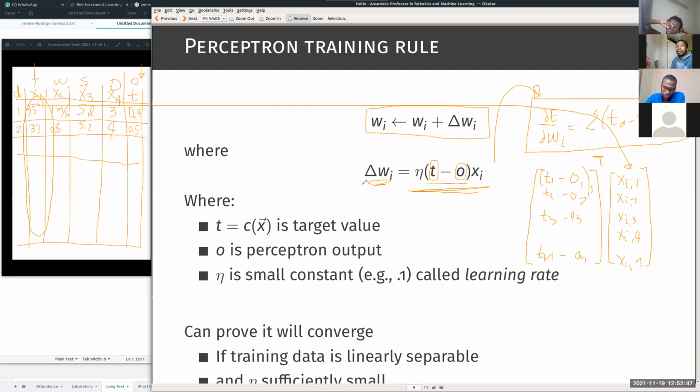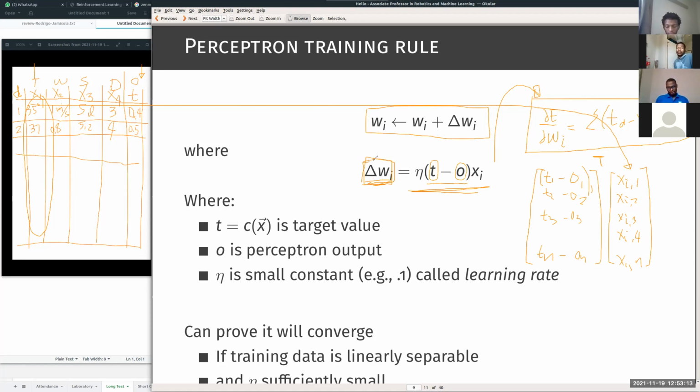Now this is the one that confuses me, the gradient of Wi. Is this a vector? Now I understand. Here, this is the gradient of Wi.